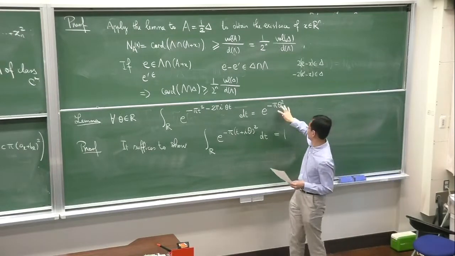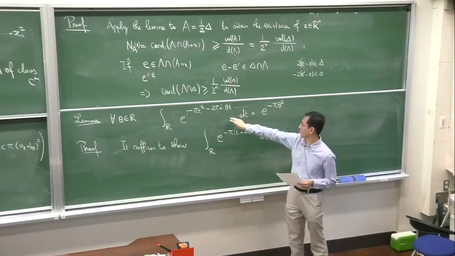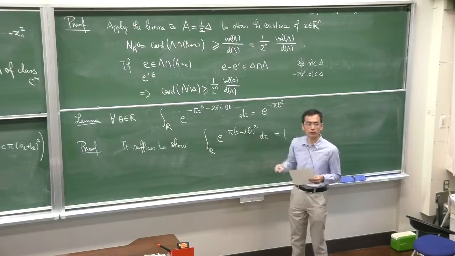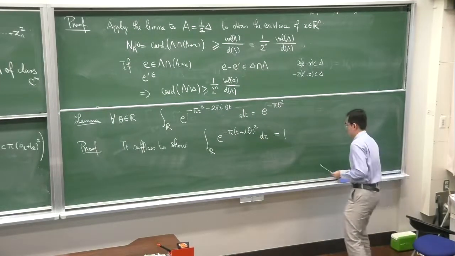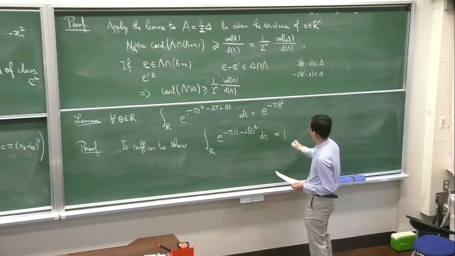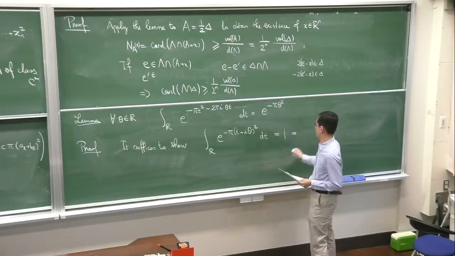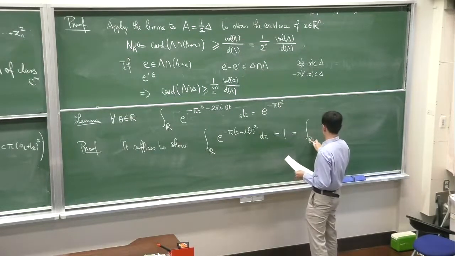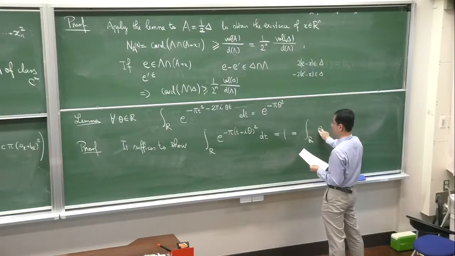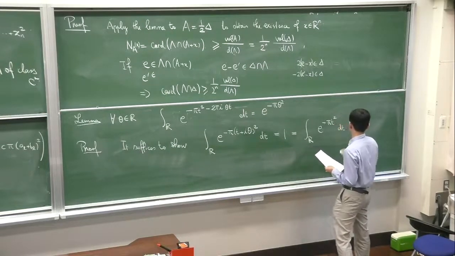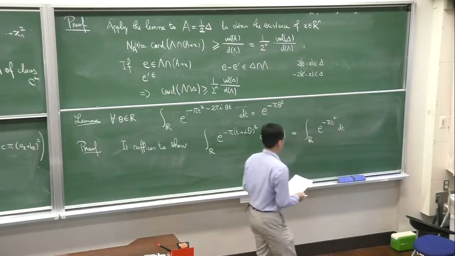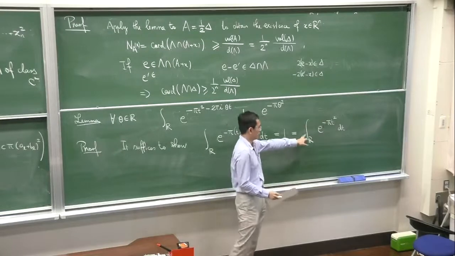I'm doing nothing but putting this term on the left-hand side to produce a square. Just to give you a hint, if you take theta equal to 0, you find the integral of e to the minus pi t squared dt.